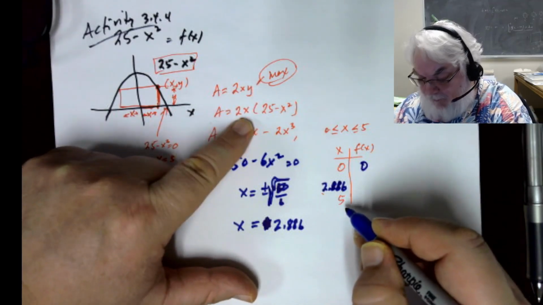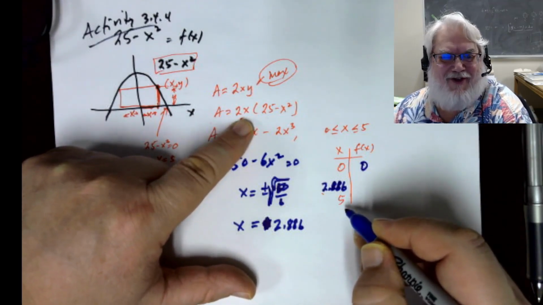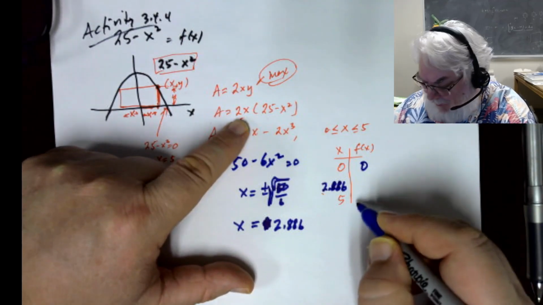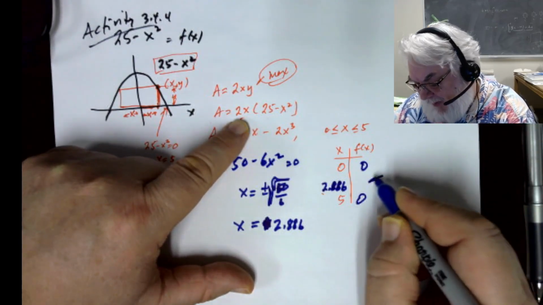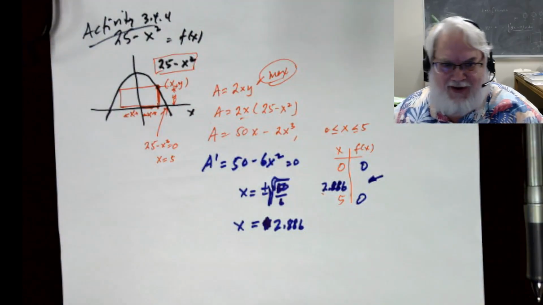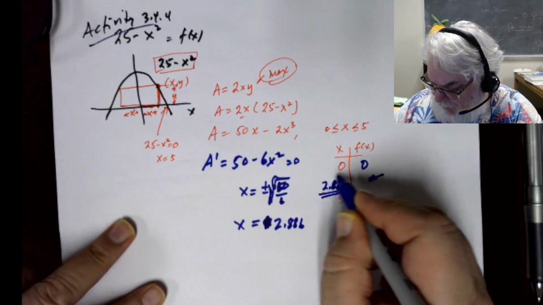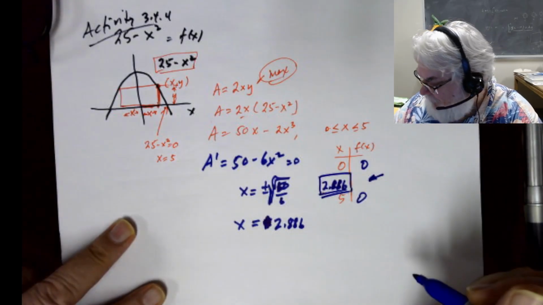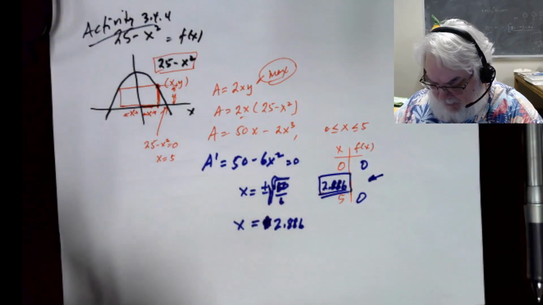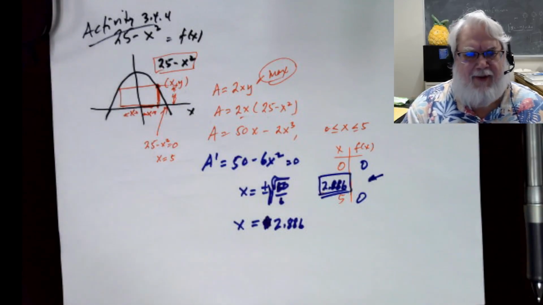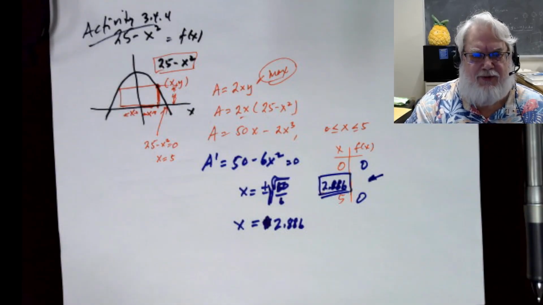And then if I put 5 into my volume, I keep saying volume, area formula, I also get 0. And so really, anything that you get from 2.886 is going to give you your max. So the maximum comes with this value of x.